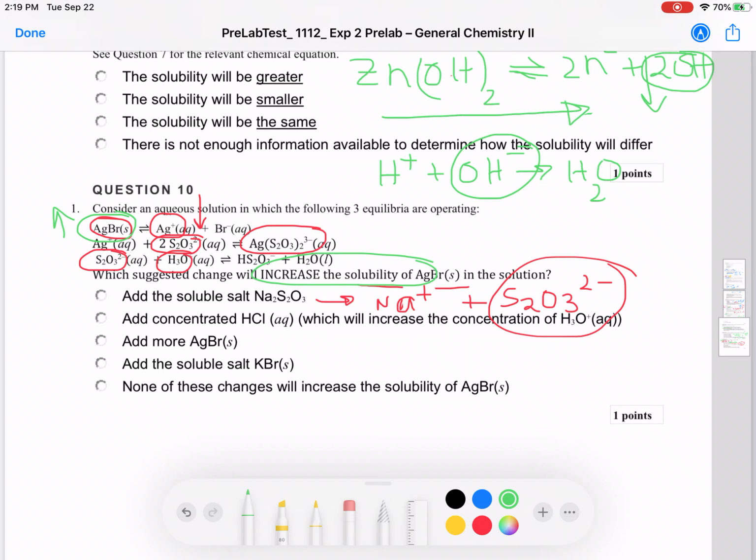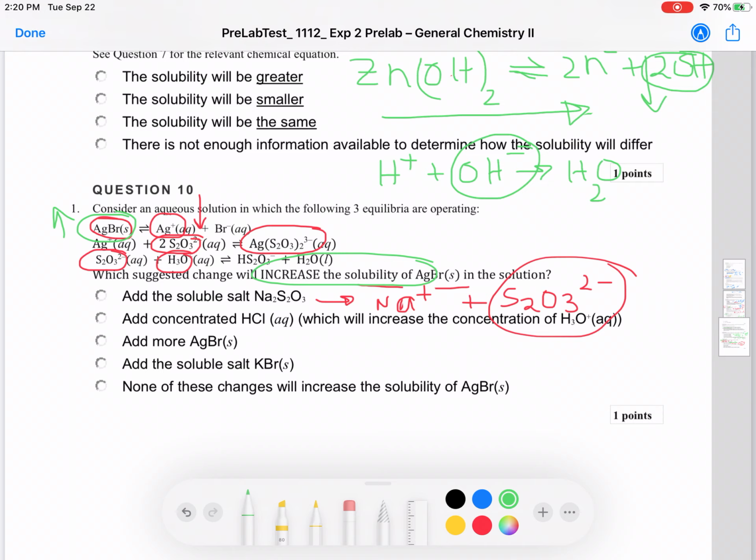Okay. Add concentrated hydrochloric acid, which will increase the concentration of hydronium ions. Add more silver bromide, add the soluble salt potassium bromide. None of these changes will do a thing. So basically the solubility of the silver bromide solid will increase if the concentration of silver and bromide decreases.